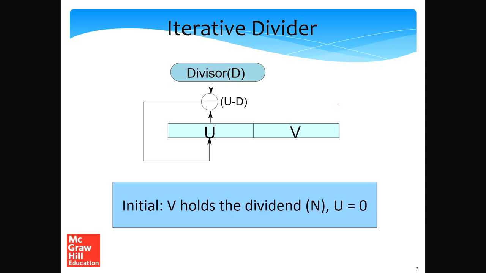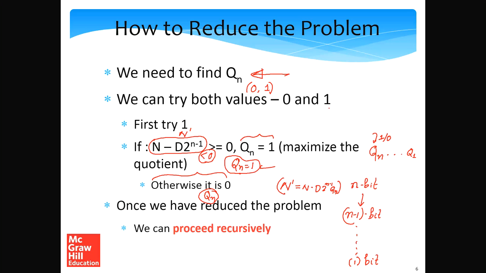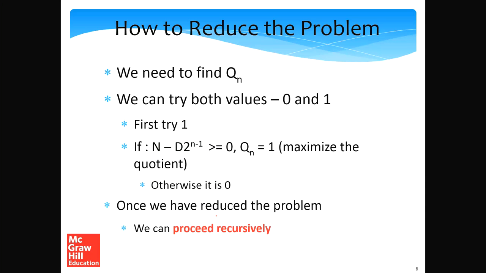Okay, so before I actually show the mechanism, let me make a quick trip to the previous slide and let me delete all of this stuff and explain with a very quick and small example. So let me try to divide.